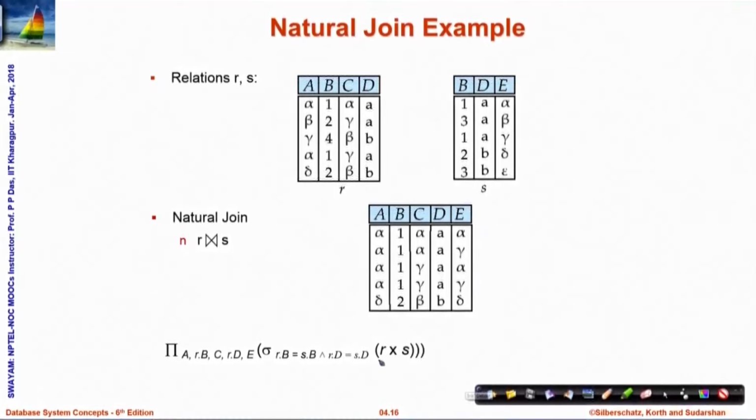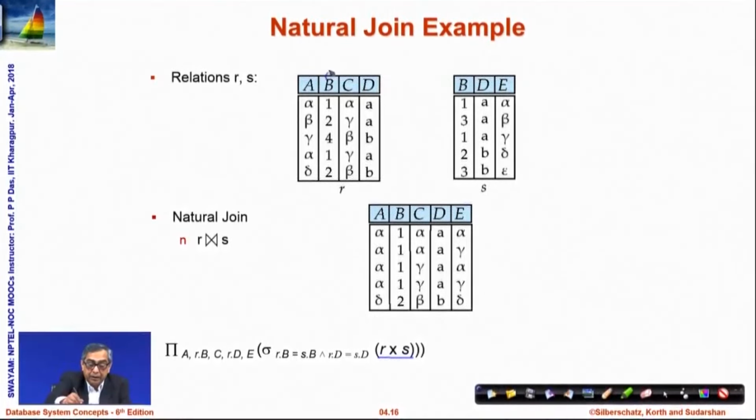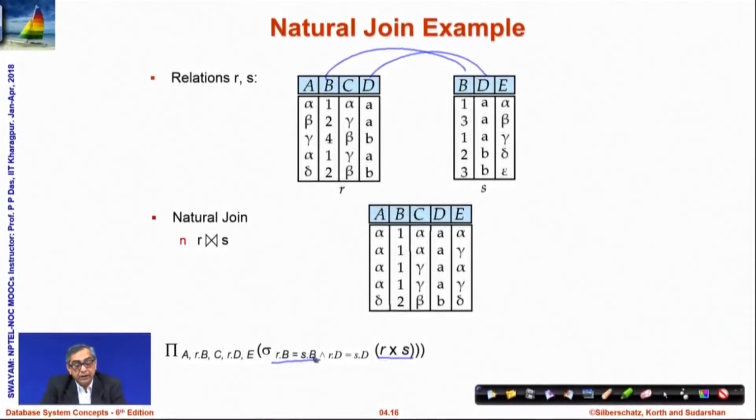So, you take the Cartesian product, now look at the expression. The common attributes are B and D. The B attribute is R dot B and S dot B. So, we say that in the Cartesian product R dot B must equal S dot B. If the name is common, the value will have to be the same.